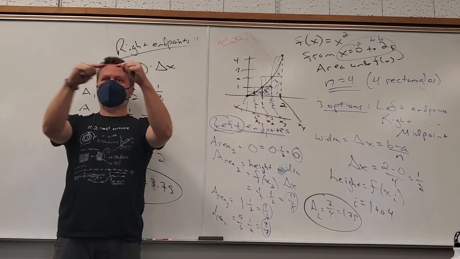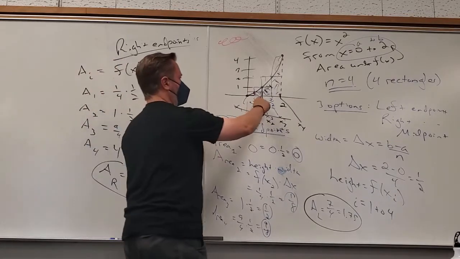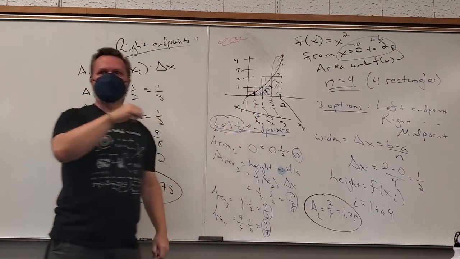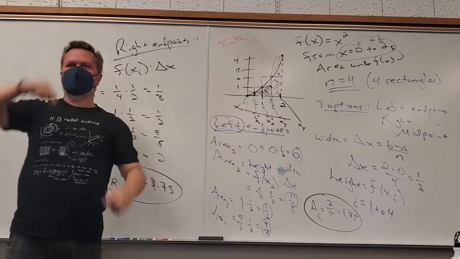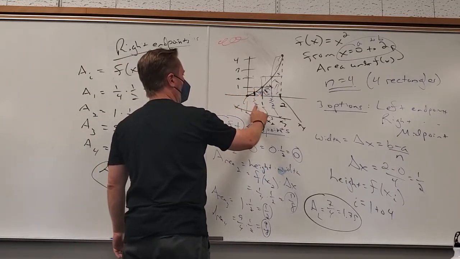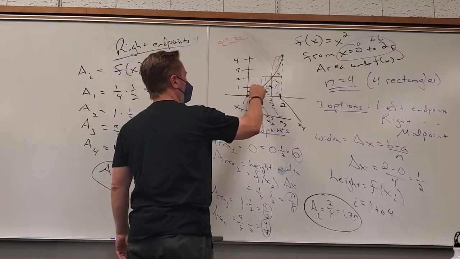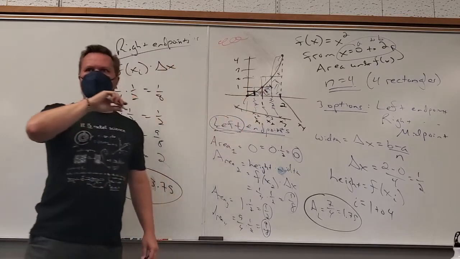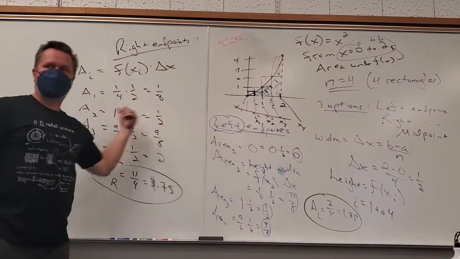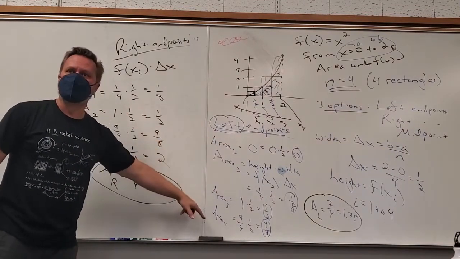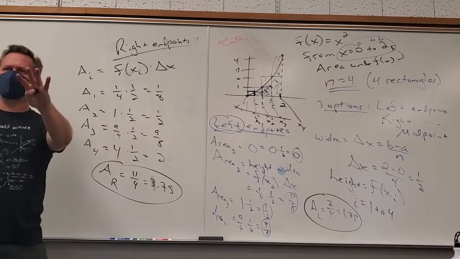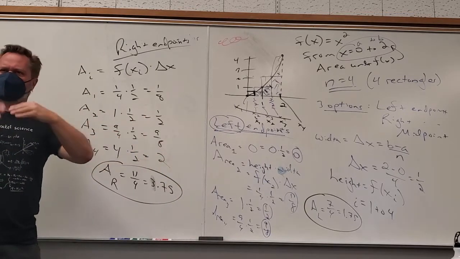So the first rectangle was as tall as the output at its left endpoint. When I do right endpoint, now the first rectangle is as tall as it is at 1/2. 1/2 squared is 1/4. So that's why the first rectangle is 1/4 tall. And that's why when you do left and then right, you see a lot of repeats, because the middle 3 of this one are this one's first 3. I don't know if that makes sense, but that's a nice, quicker way to do these.